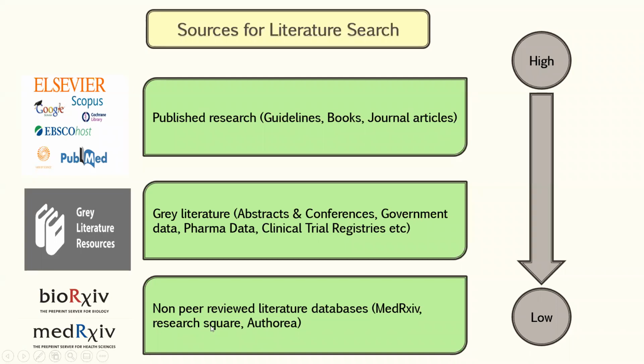These databases contain articles which are not published and not peer-reviewed, but the authors are still putting them out there, mainly because they think that their work needs to be understood and read even before publishing. So you can still use them for literature search, but you have to keep in mind that it is not peer reviewed. So the level of evidence in it should be considered low, until it is published.